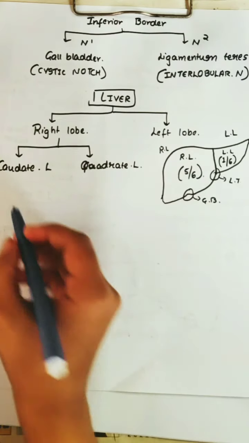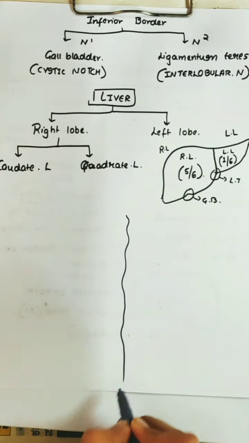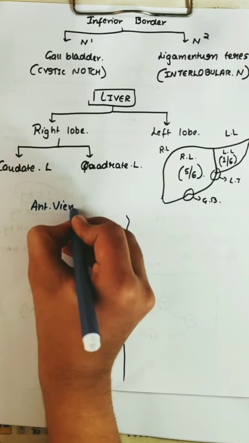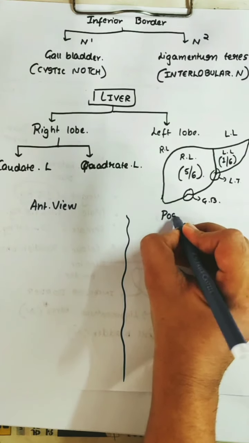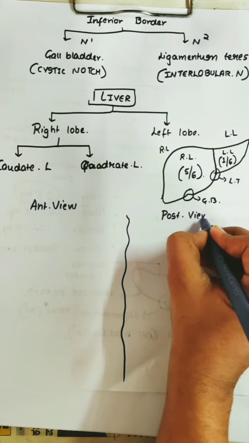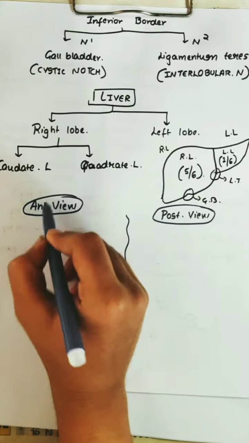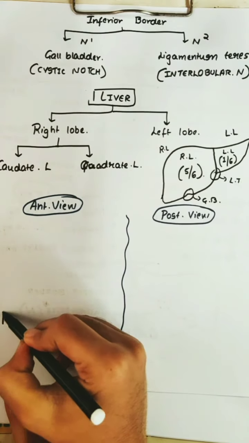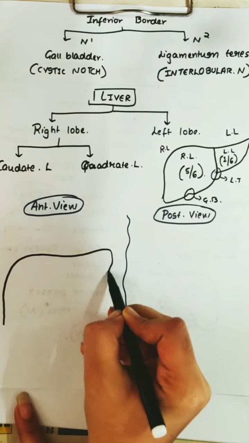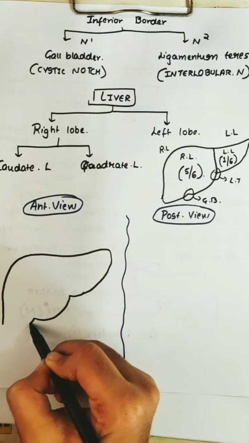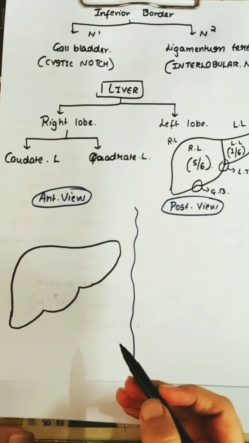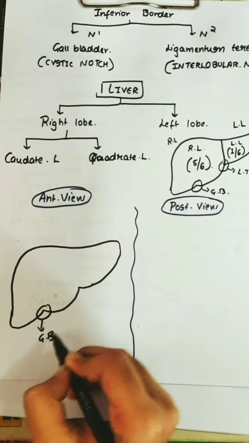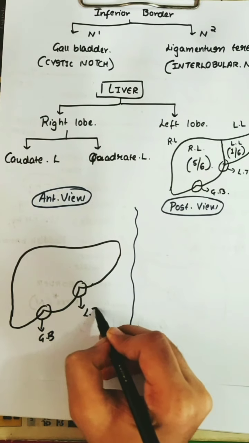So we'll look at the anterior view as well as the posterior view. This is the anterior view of the liver and this is the posterior view of the liver. If this is the liver, here are the notch for the gallbladder and the notch for the ligamentum teres.